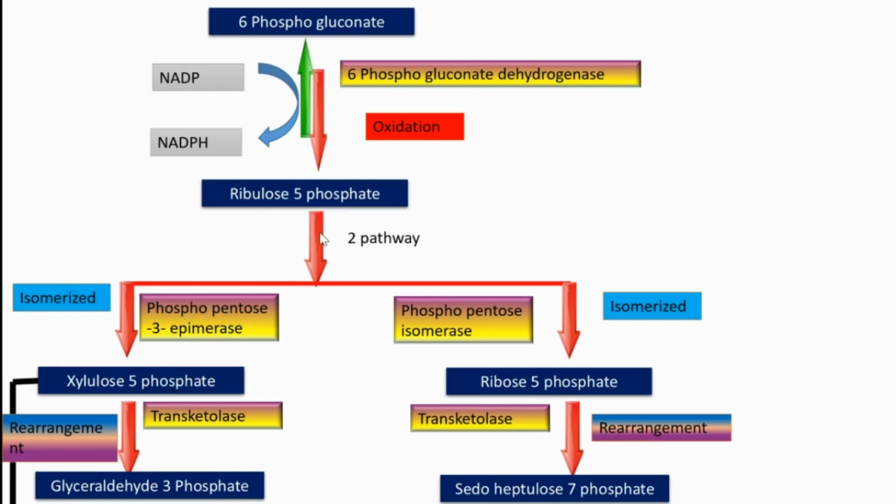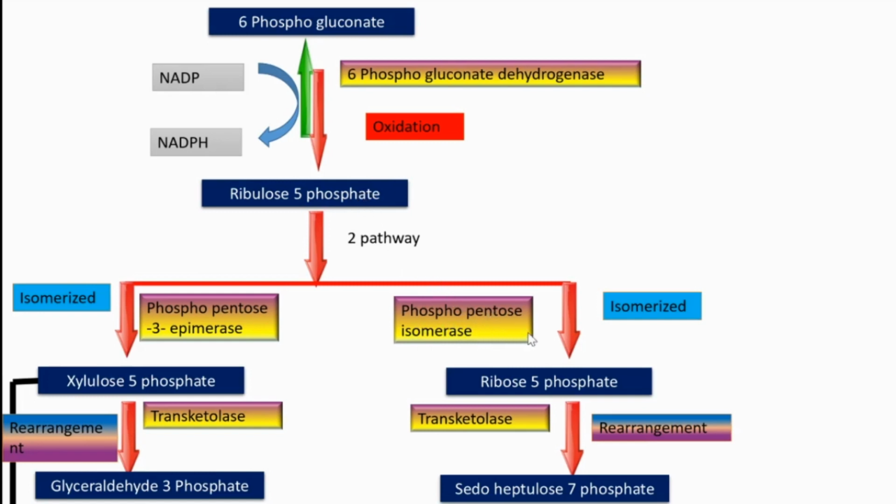First we can consider this pathway. If ribulose 5-phosphate is acted upon by phosphopentose isomerase, you need to give more attention to that part. If that enzyme, phosphopentose isomerase, is acting on ribulose 5-phosphate, what may happen?